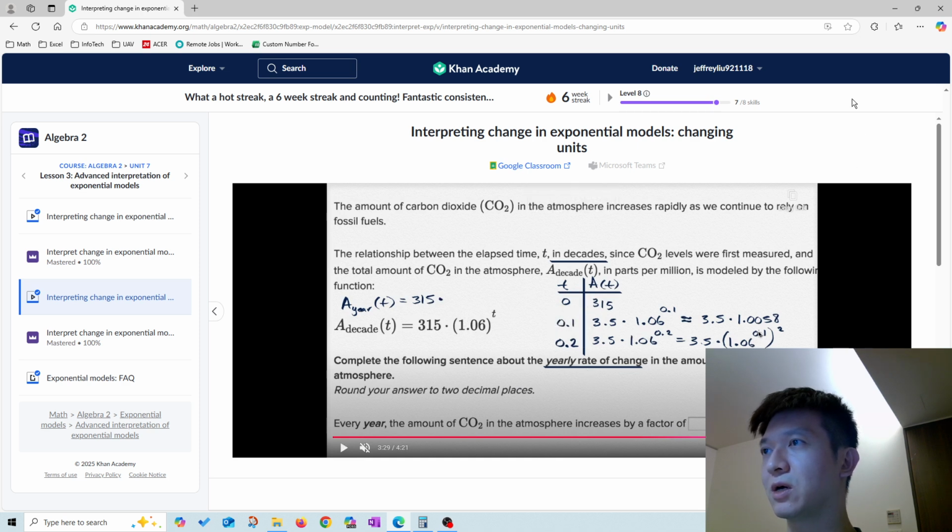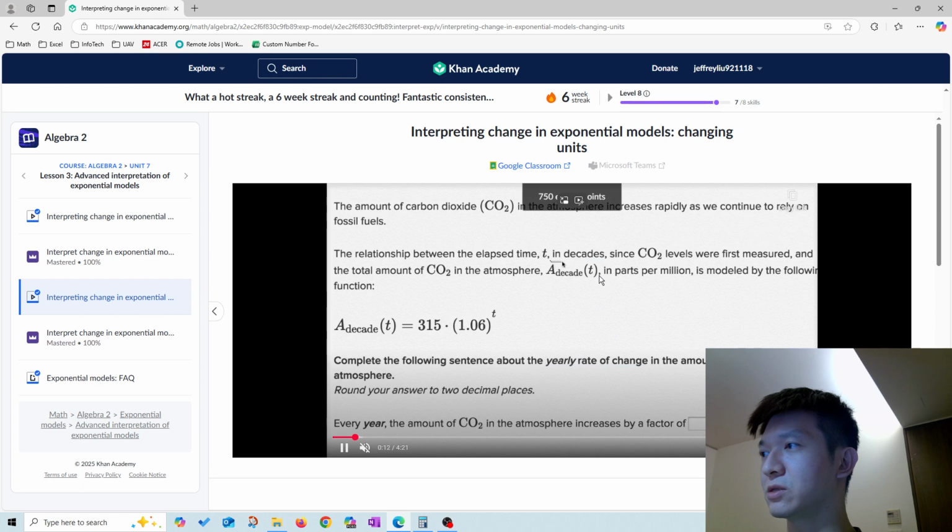Okay, so the other model is going to be the amount of carbon dioxide, CO2. Let's see the original CO2. I guess this is in decades, so the time elapsed is in decades.